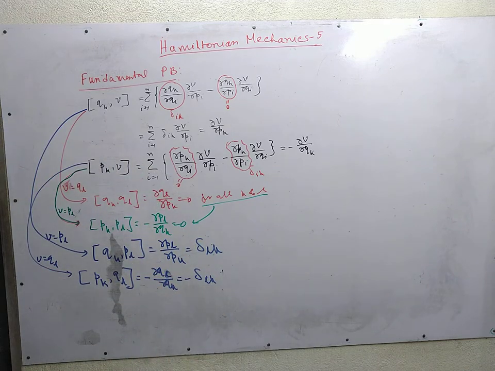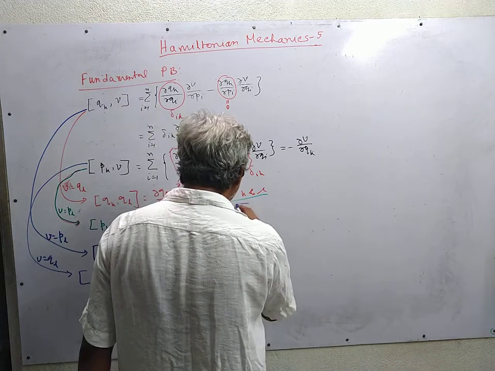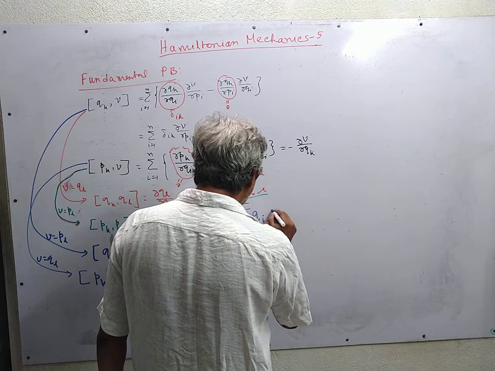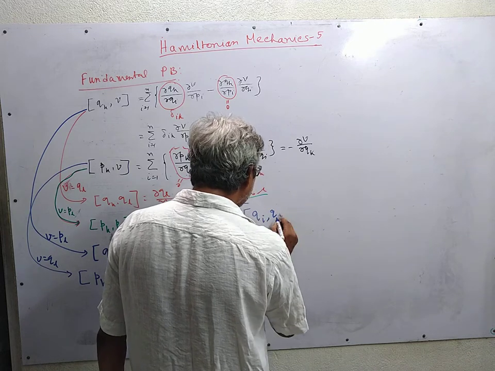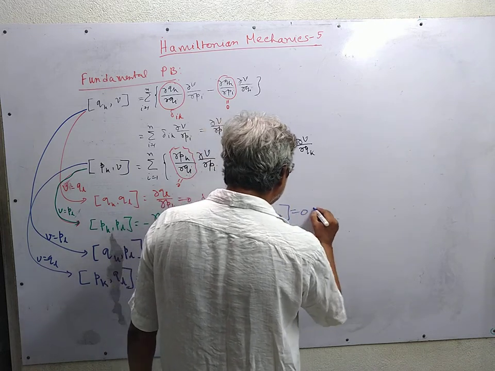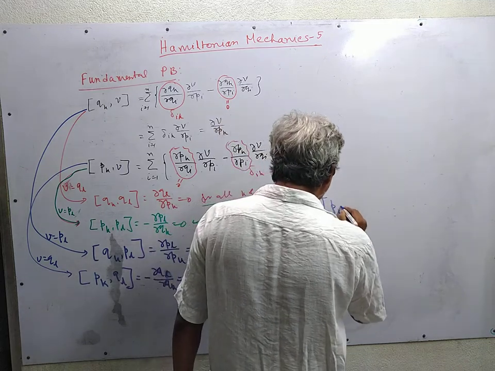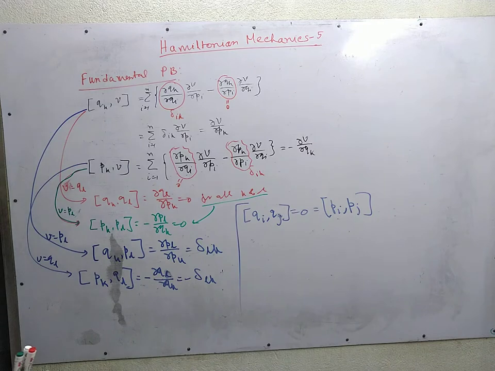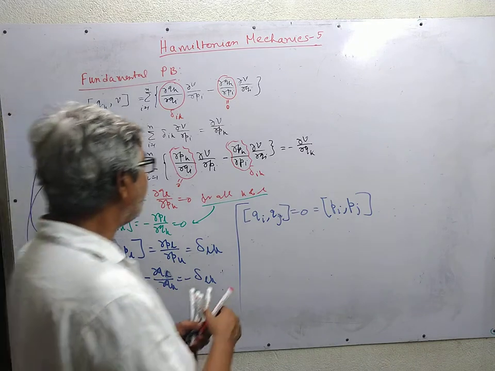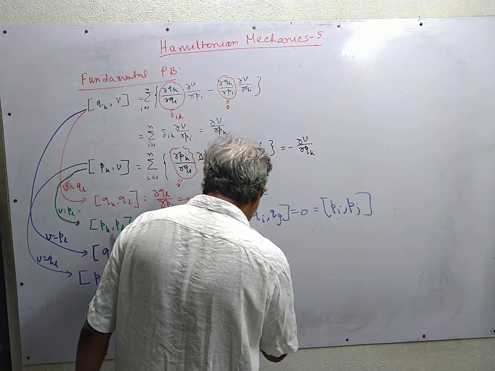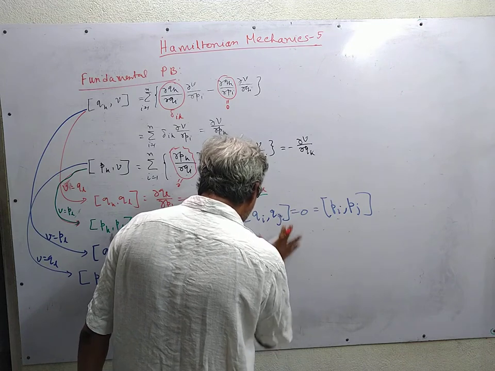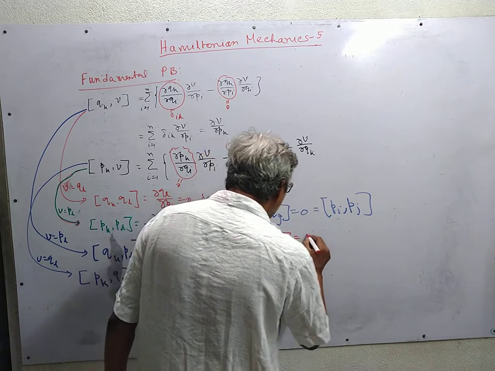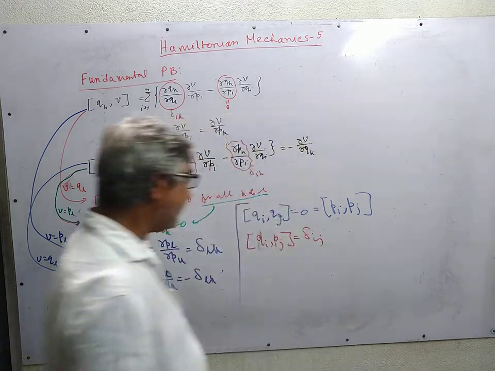So what we see is that [qi, qj] is equal to 0, equal to [pi, pj], for all i and j. And the most important property is that [qi, pj] is equal to delta ij.